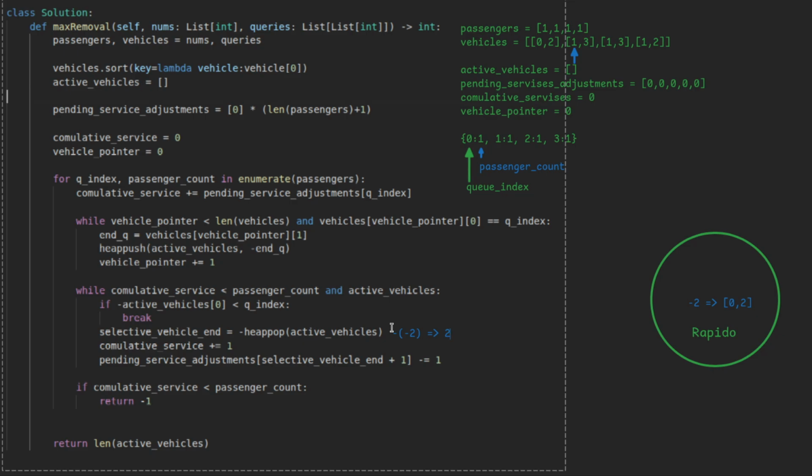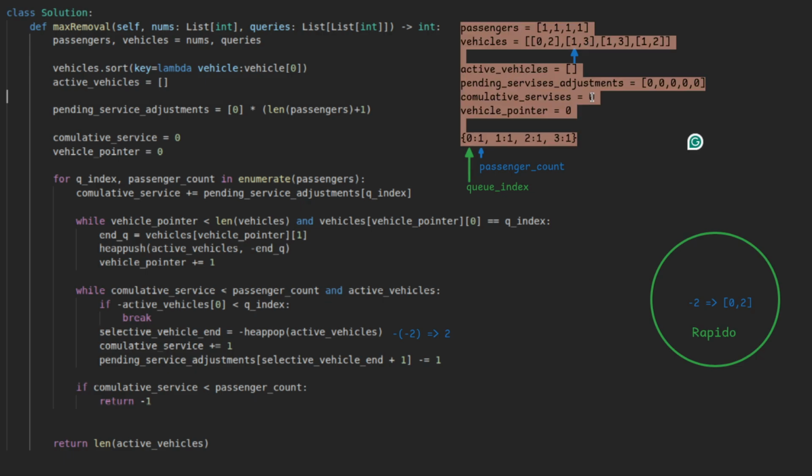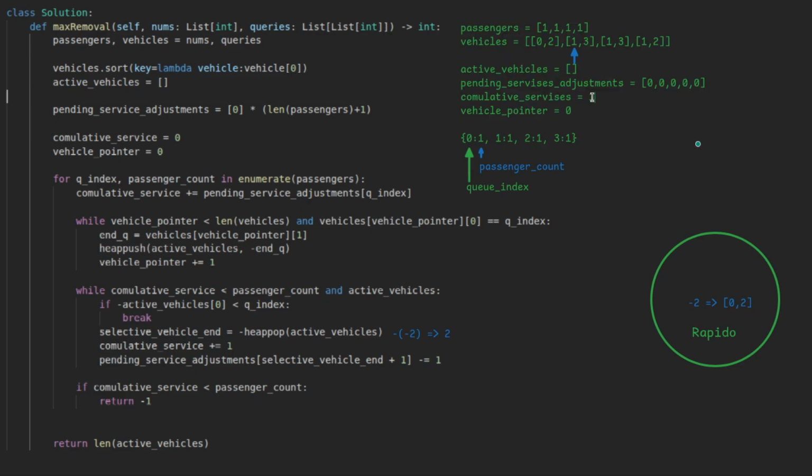Now I say that cumulative index is increased by 1. So I have successfully provided service, or I have successfully sent the bike, so one person will sit on it. So the services is plus 1, right? Now one onboarding has been done.